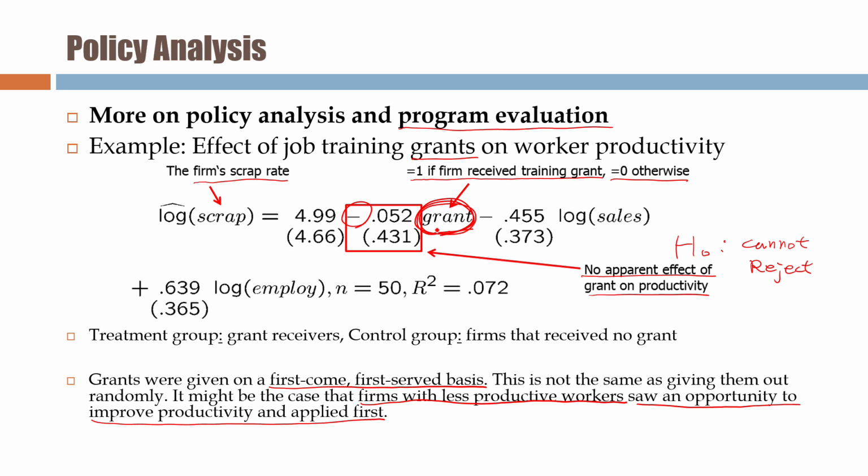But usually when we do this policy analysis or program evaluation, we just collect the data. We cannot control who will get the grant. If I want to know what the effect of the grant is, I could just randomly select the companies and then give a grant. That's not how the real world works, right?